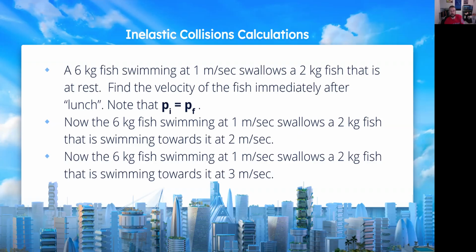What is the mass of the second fish? What's the velocity of the second fish? It's not moving. So what's the momentum of the second fish? And then what if the mass of that second fish were 200 kilograms instead of 2 kilograms?